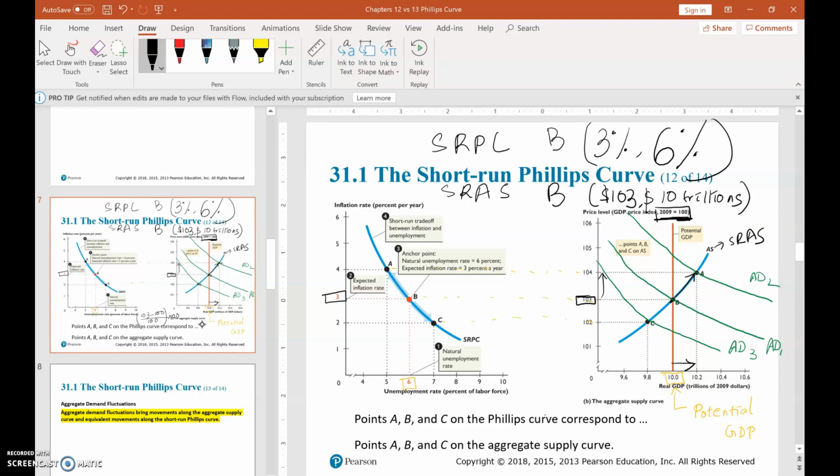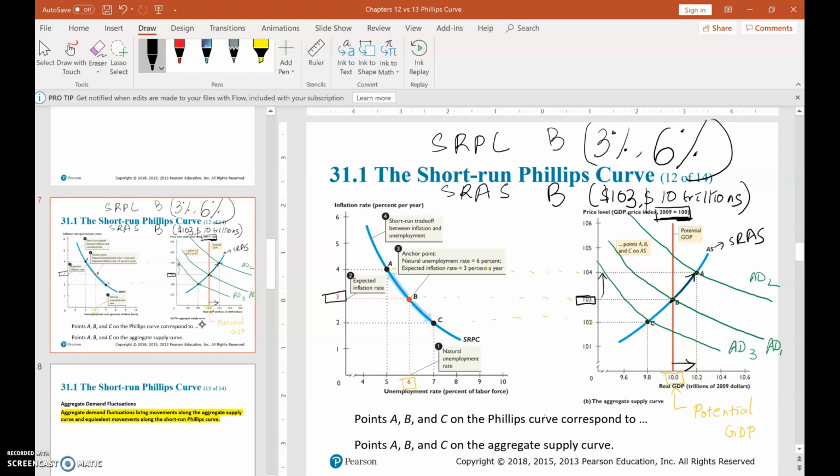Let's start with anchor point B and I am looking at the aggregate supply curve graph on the right. At point B, the aggregate demand is intersecting the short-run aggregate supply curve and that is intersecting the long-run aggregate supply curve. The potential gross domestic product is $10 trillion and the price index is 103.